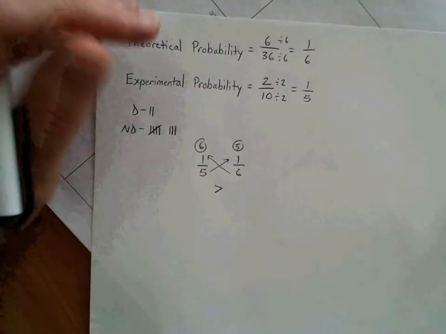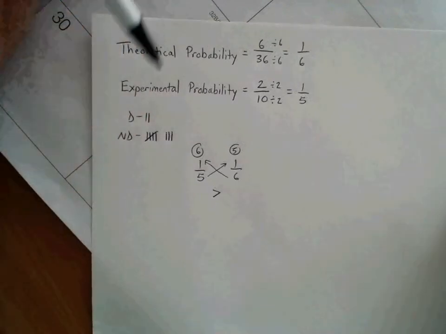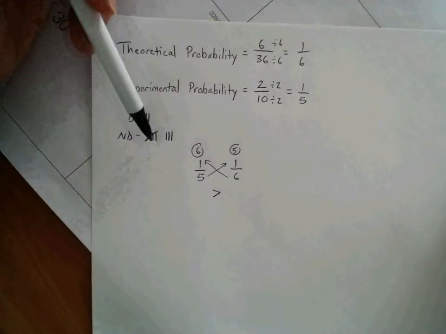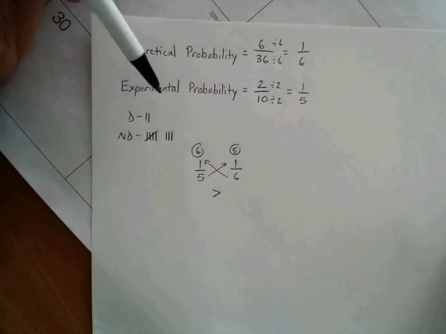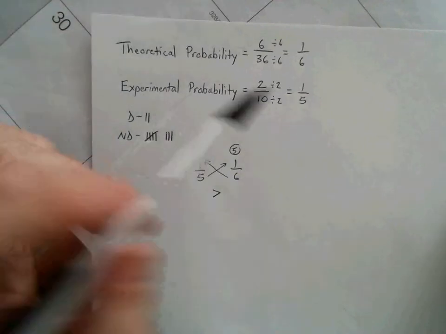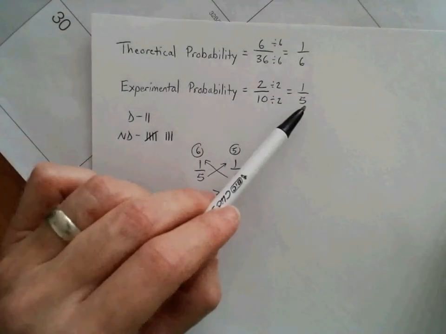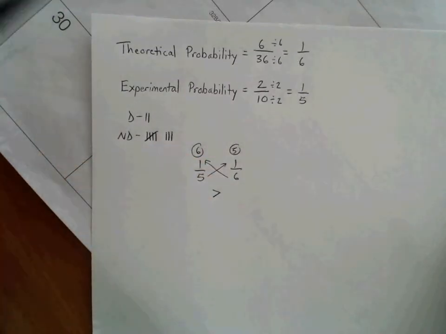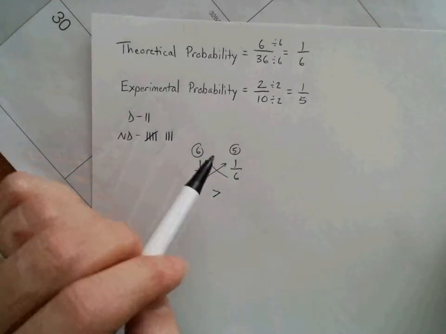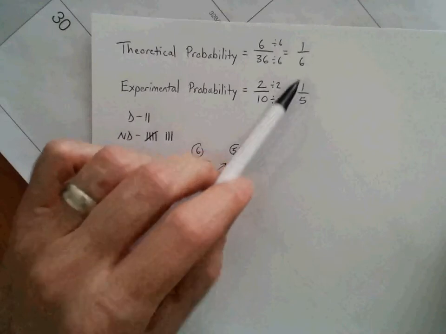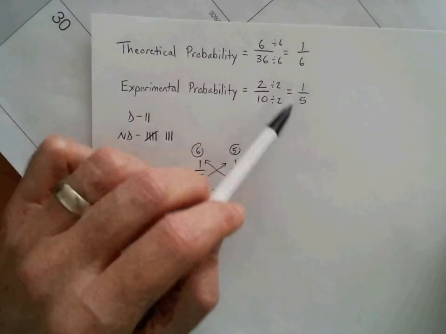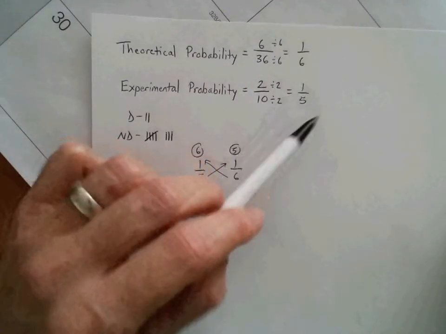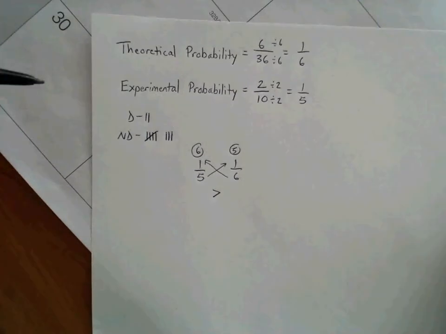What I want you to take away from this video is that the more you do the experiment, and we only did 10 rolls, the closer your experimental probability should get to your theoretical probability. Let me say that again. The more you do an experiment, the closer the number you get for your experimental probability should get to the theoretical probability.